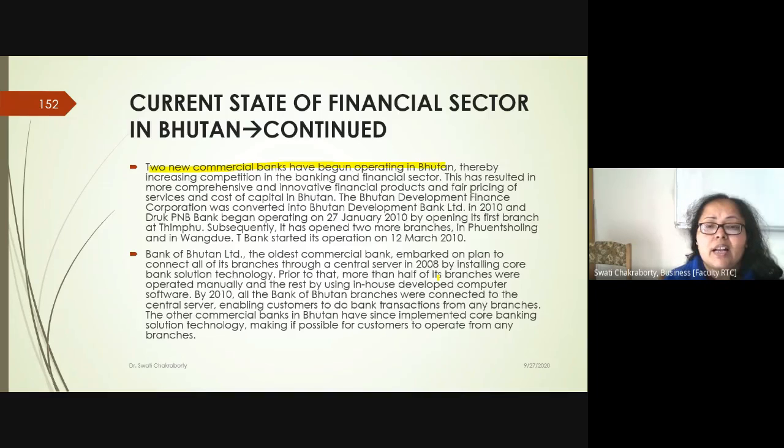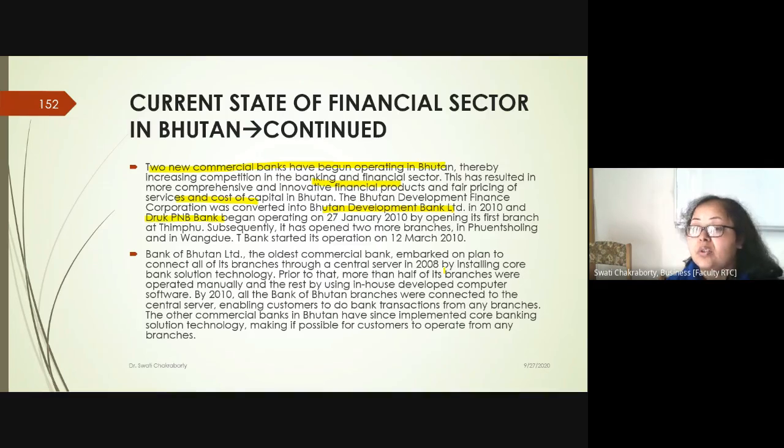And so, this has resulted in more comprehensive and more innovative financial products, fair pricing of services, and cost of capital, right?